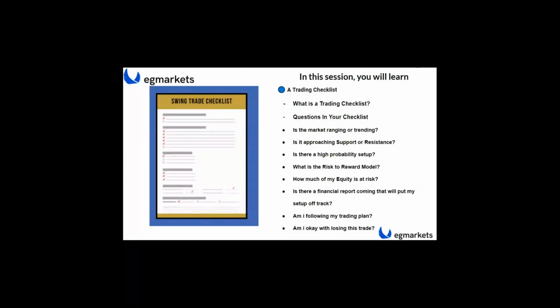The conditions are very simple. If you have 8 conditions on your trading checklist, make sure at least 6 are met. That will still give you a bit of confidence to place that trade. Anything less than 6, you don't want to engage in such a trade.